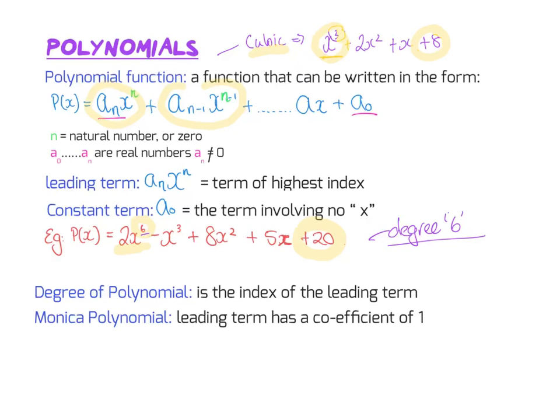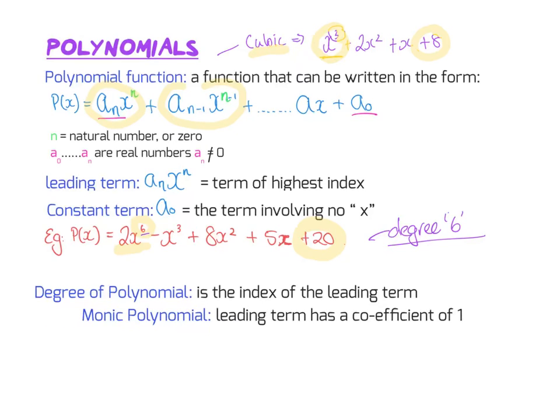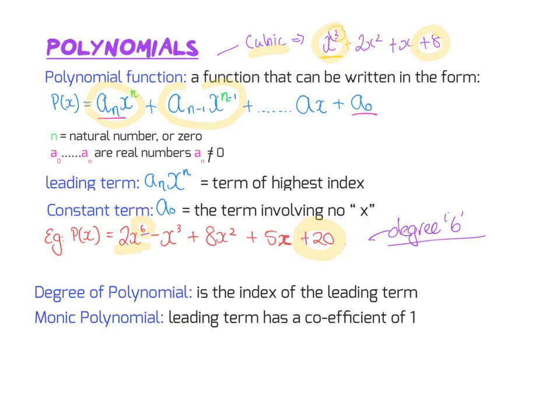Okay, if we have a monic polynomial, that means the coefficient of the leading term is 1. Up here in that red, that's not monic because the leading term is this one, and the coefficient is 2.